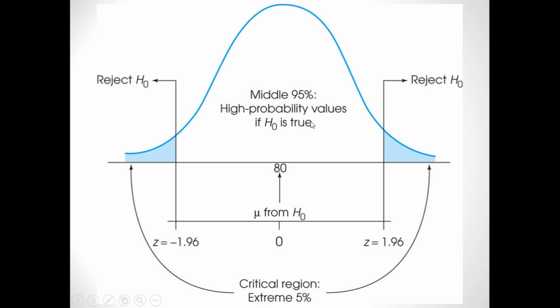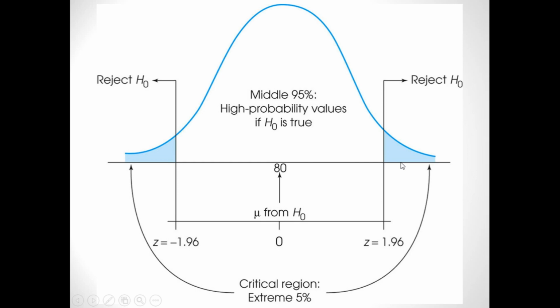So the probability that the mean of our sample is superior to the critical value is 0.5%. That is the probability that is located in the critical region.